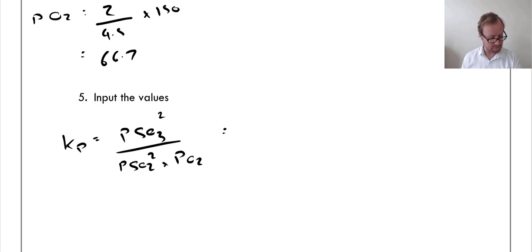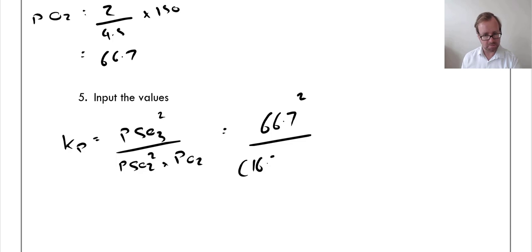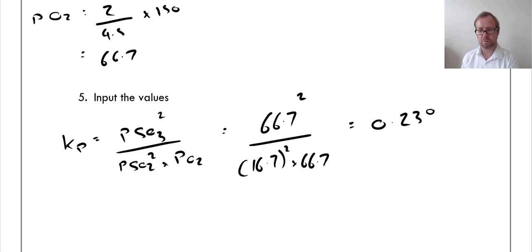Okay, so my partial pressure for sulfur trioxide is 66.7 squared over 16.7 squared for sulfur dioxide and 66.7 for my oxygen, which will give me a value of 0.239.